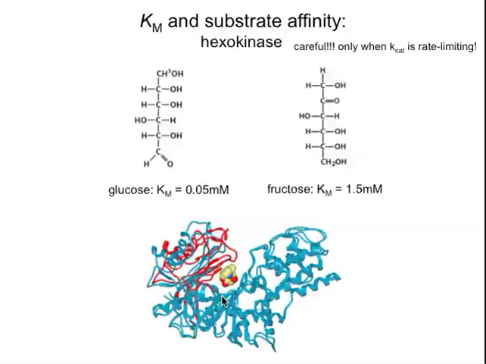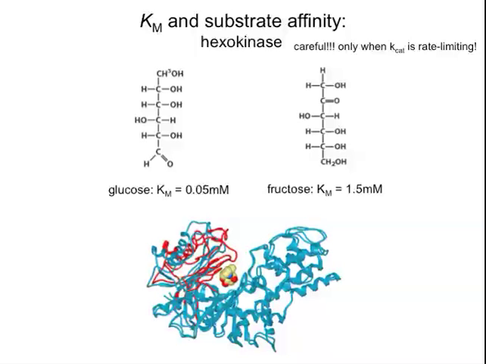So glucose providing the proper set of interactions that drive this protein to shift one domain closer to the other, and fructose doesn't satisfy those, and so we have to add more substrate in order to get the binding event to occur. So that selectivity can be determined again under certain conditions by the Km.